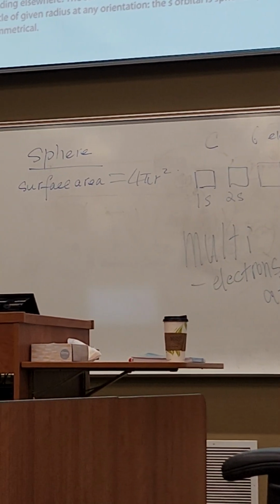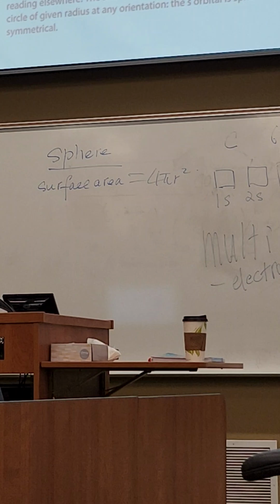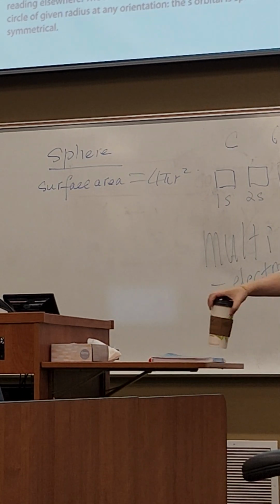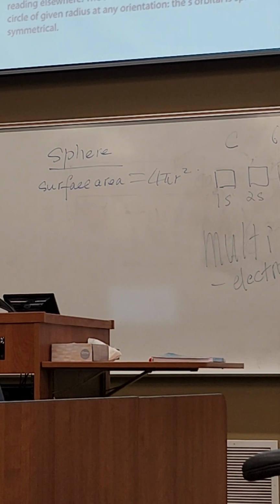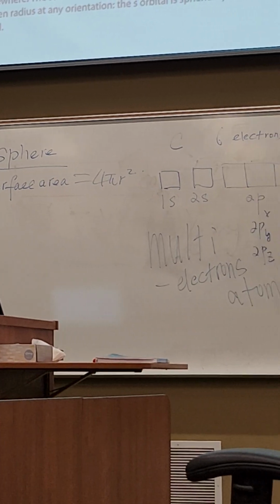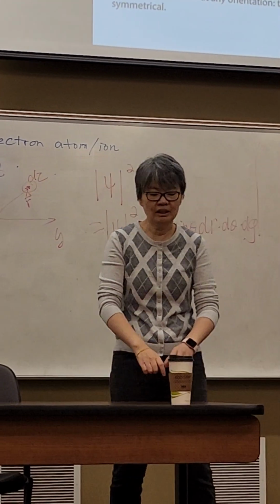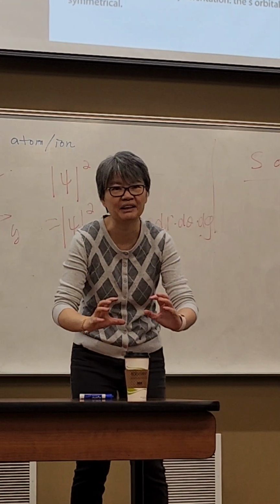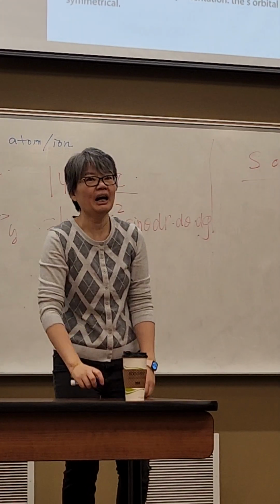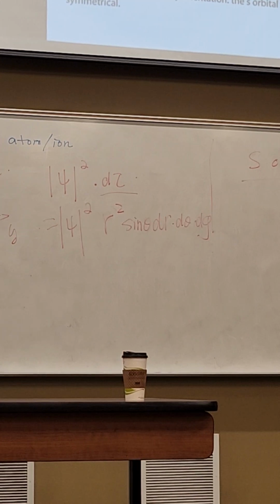Now, you guys have to imagine, it's not totally true, but imagine this is a sphere, and then you have another sphere around it. So what do you have? You have a shell. I have a sphere, and I have another sphere.